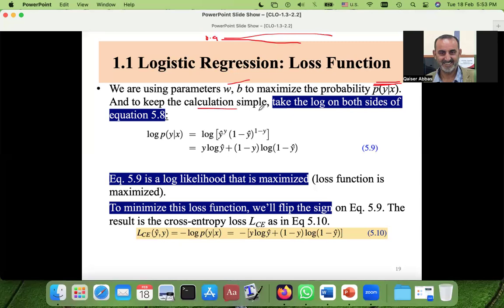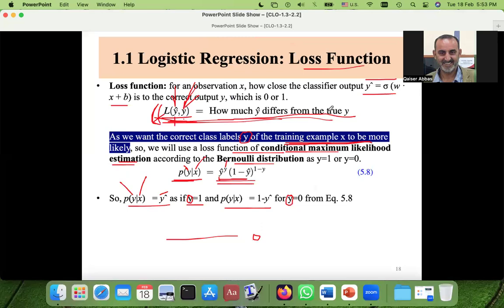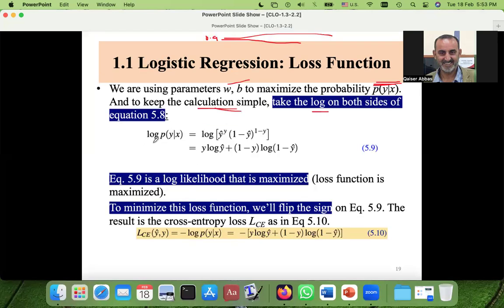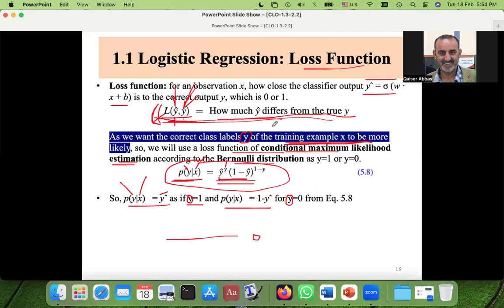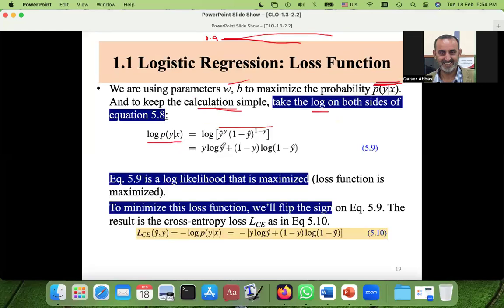To keep your calculation simple, you have to take the log on both sides of that previous equation. So log probability of y given x is equal to log of the same equation. By applying the log on equation 5.8, we now have this equation.